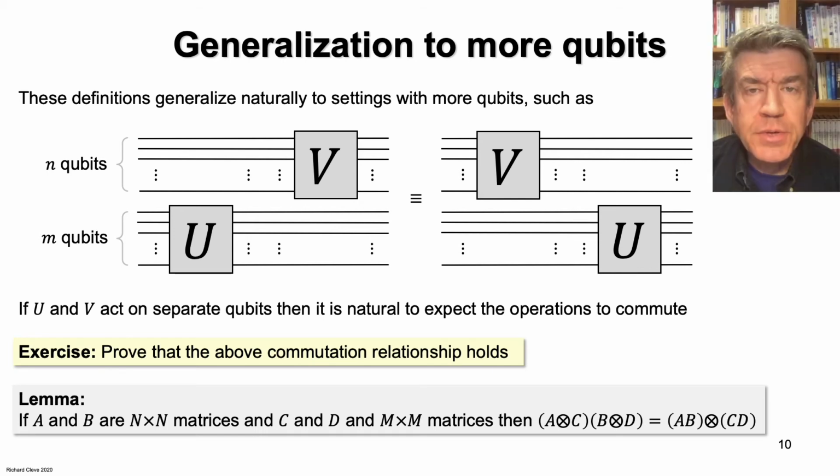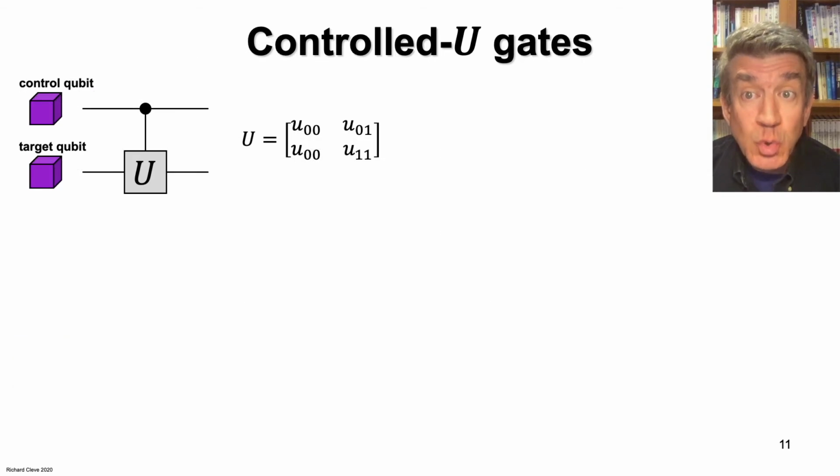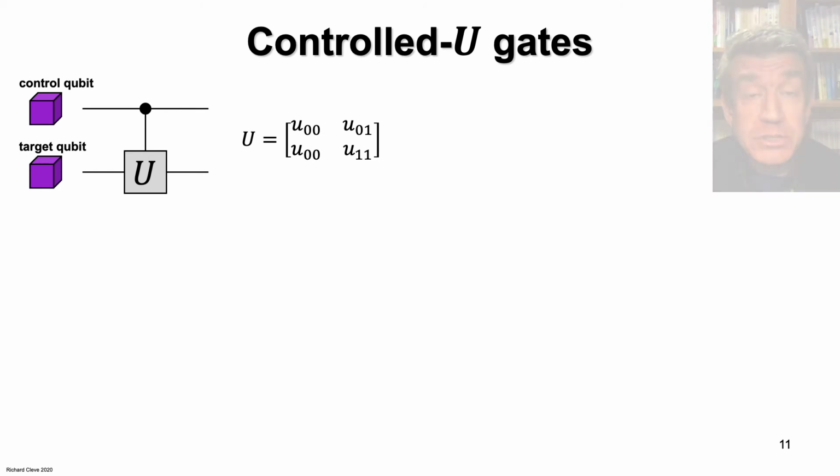Now I'd like to show you something called a controlled U gate, where U can be any unitary operation. Let U be a 2x2 unitary matrix. The controlled U gate is denoted like this, with U drawn as acting on a target qubit, but with a wire coming out from a control qubit towards it.